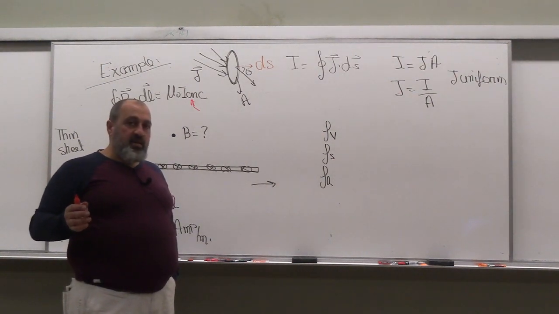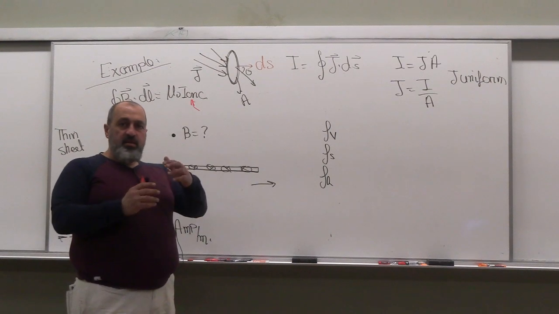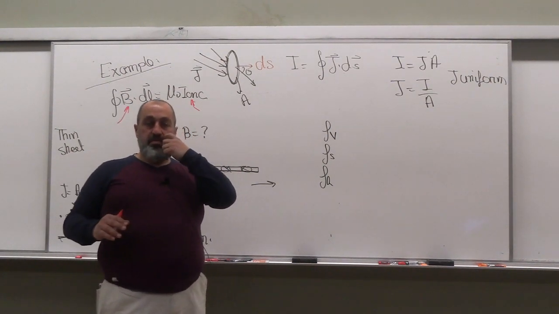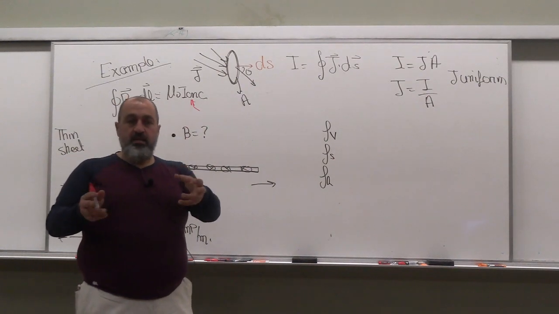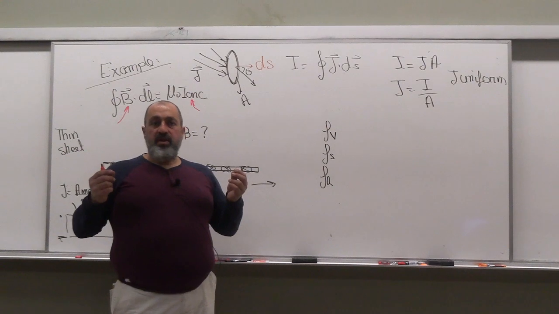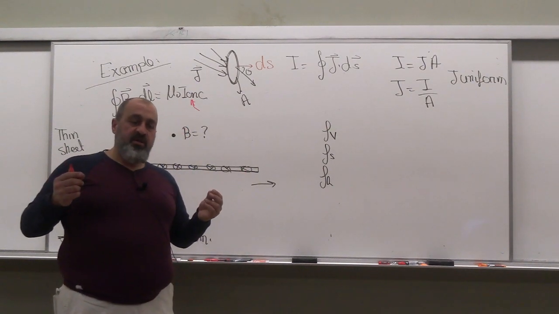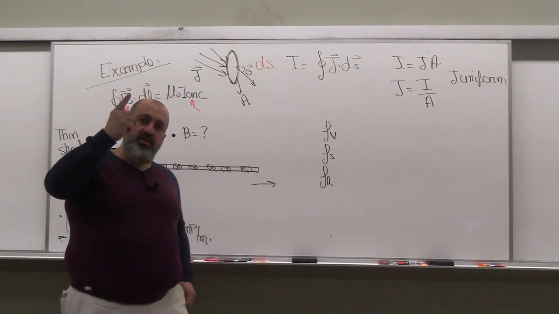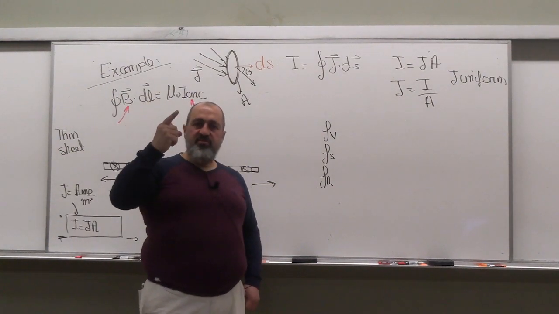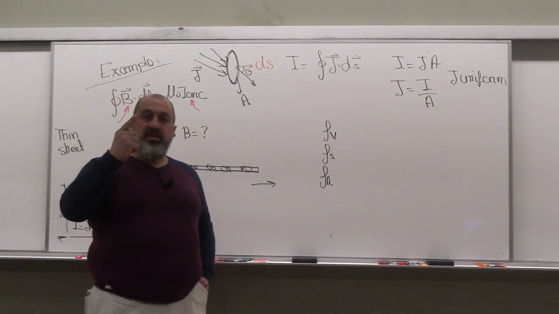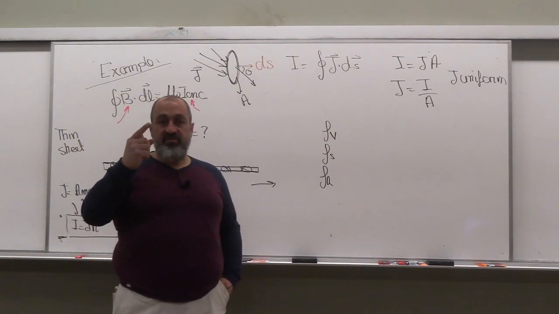A square is symmetrical, a short cylinder is symmetrical, a rectangular parallelepiped is symmetrical. But when it comes to symmetry in Gauss's law, we're looking for two things. One, the field being uniform along the Gaussian surface. Two, the angle between the field and the area vector being constant, and specifically either 0 or 90 degrees.